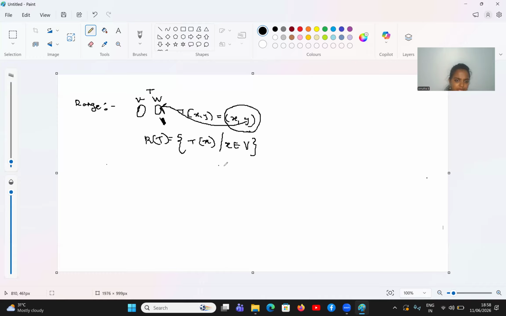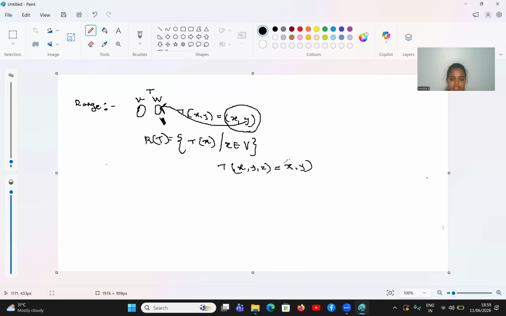I am giving a map for you. You are going to find the range space of this: T of (x, y, z) equals (x, y).